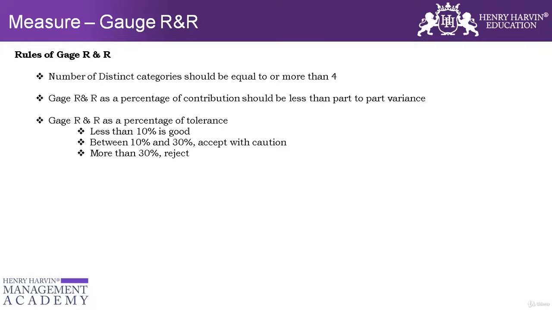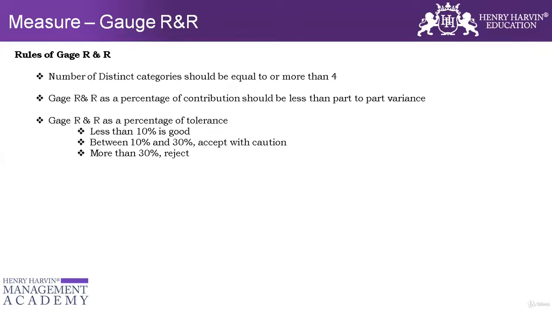Typically gauge RNR is a measurement technique we do in the measure phase, wherein we focus on ensuring that whatever equipment I'm using should be precise enough to give me more accurate units. If I have manual data and I apply gauge RNR on that data, it would calculate the distinct categories.